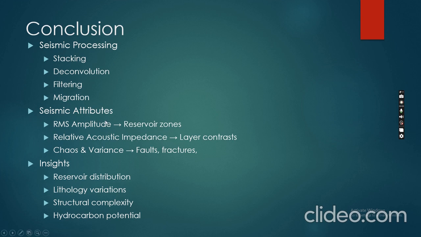Then the use of attributes like root mean square amplitude, relative acoustic impedance, chaos, and variance helped us to highlight areas of interest, such as potential hydrocarbon zones, faulted or fractured areas, and erosion surfaces.